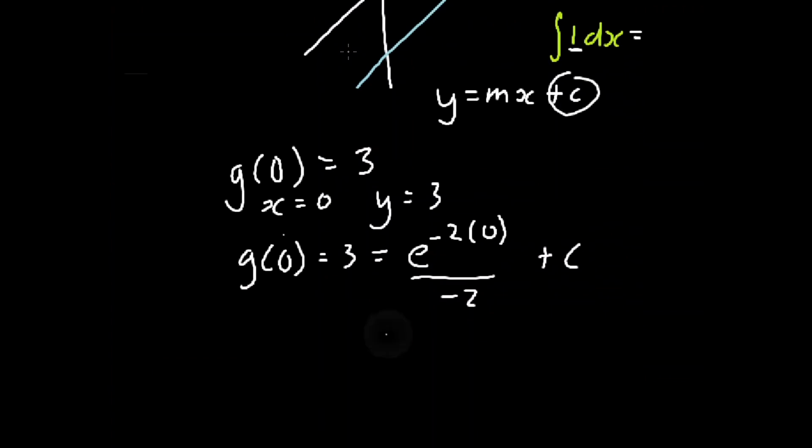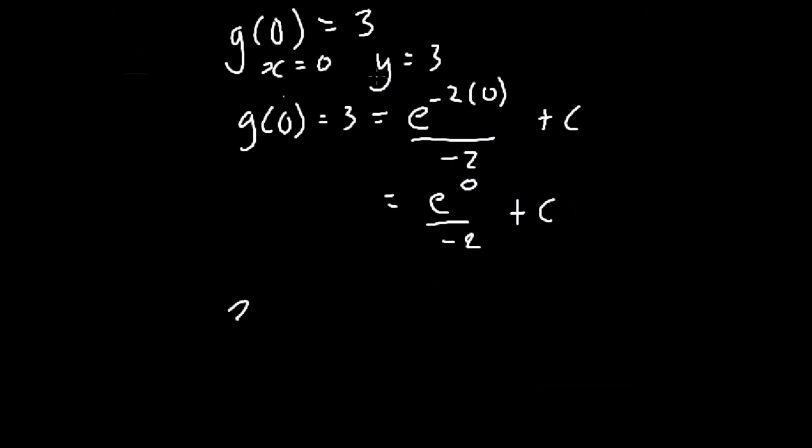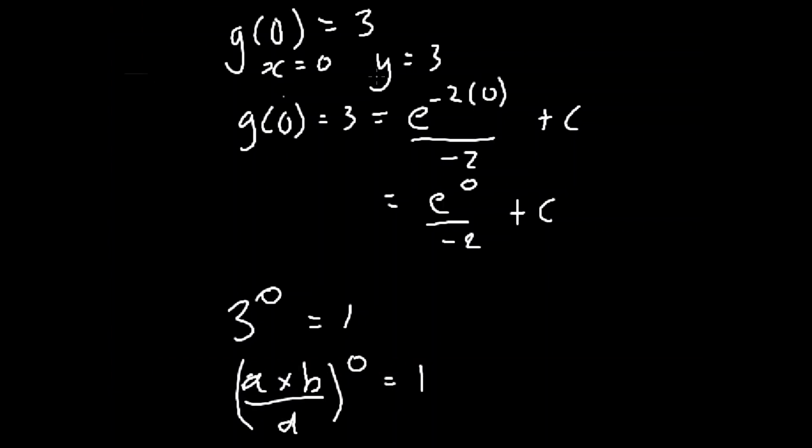Now let's simplify that. What is something to the power of 0, by the way? If we've got 3 to the power of 0, that's equal to 1. If I've got a times b divided by d, all raised to the power of 0, that's equal to 1.